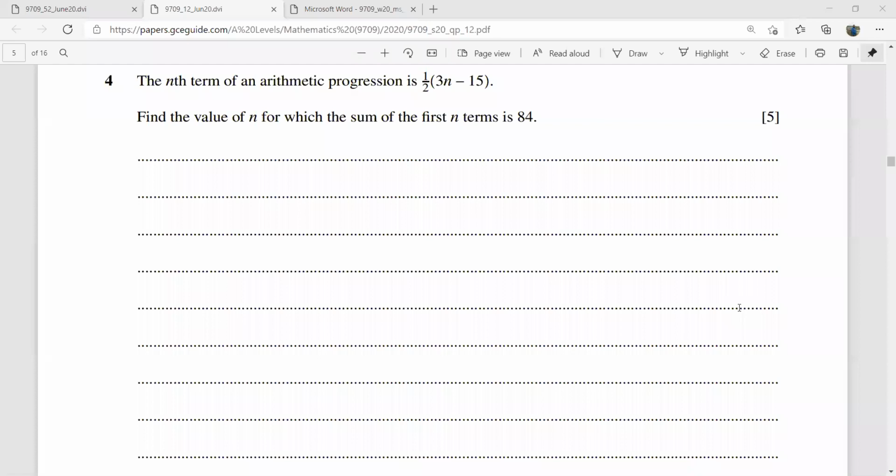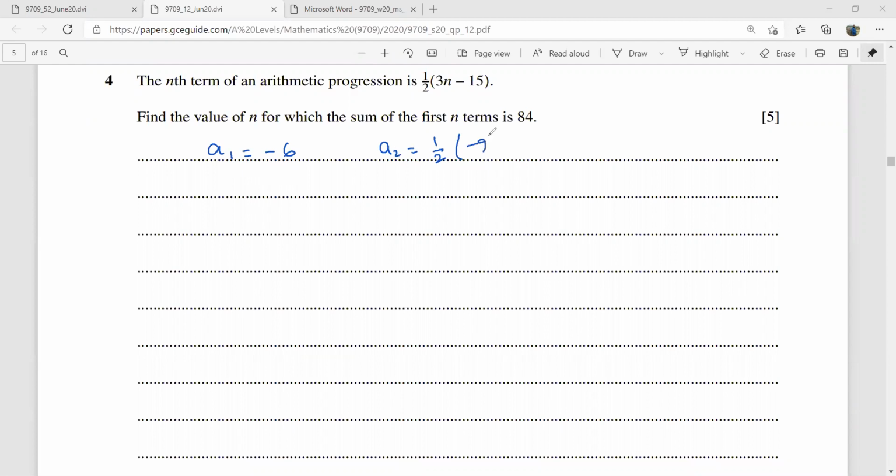Okay, so I'm going to write down the first 2-3 terms so that I have my A and D with me. Okay, so A1 is going to be half into 3 minus 15, is minus 12. So that is going to be minus 6. And A2 is going to be half into 6 minus 15.